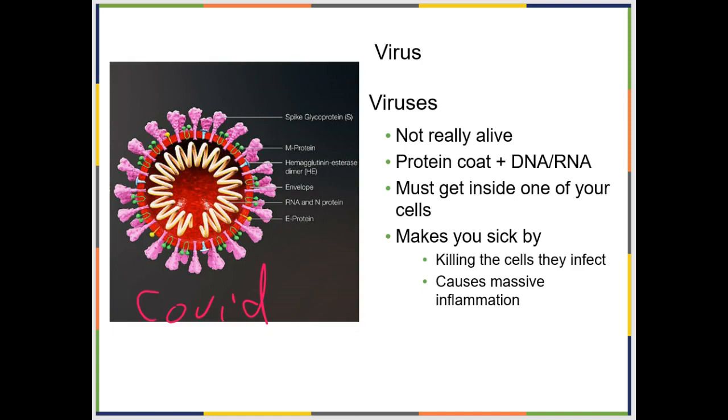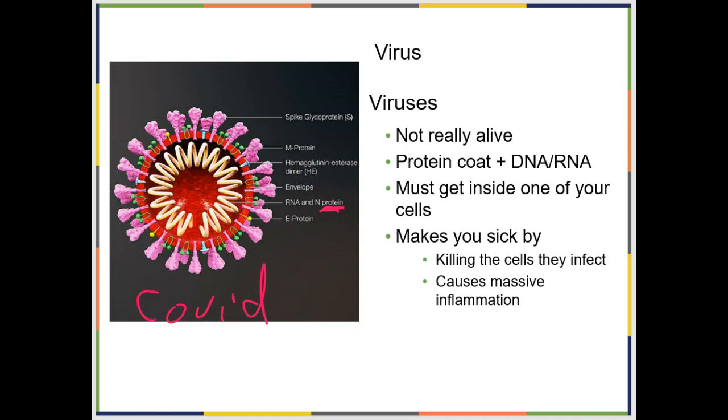Inside of it is simply RNA plus a protein scaffold to help organize the RNA. But that's it. There's no cytoplasm, there's no enzymes, no ribosomes, no metabolism of any sort takes place inside of this virus. It is not really alive. It is a genome with just enough stuff around it to protect it and make it infectious.